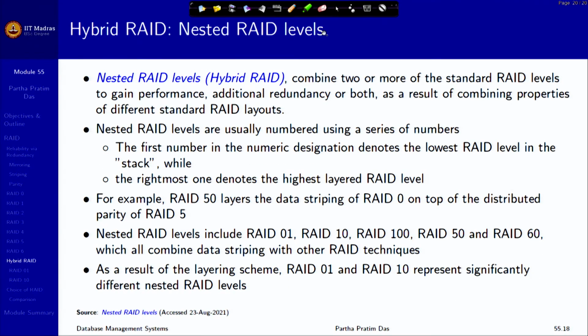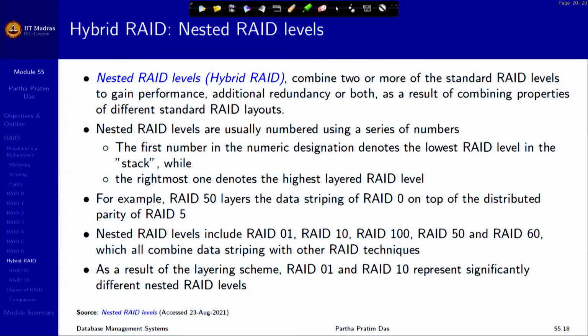Now, you can also mix these, you can nest them, that is, kind of stack the whole organization. One level you do according to a certain RAID level, and then those RAID levels you connect through a different RAID level.